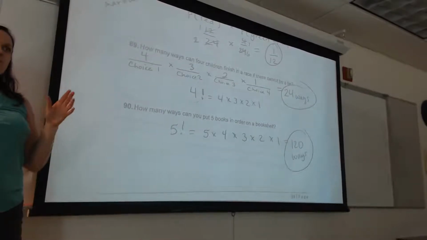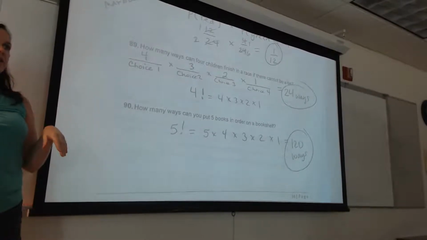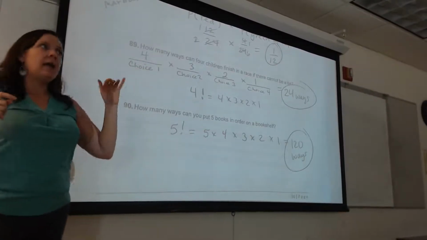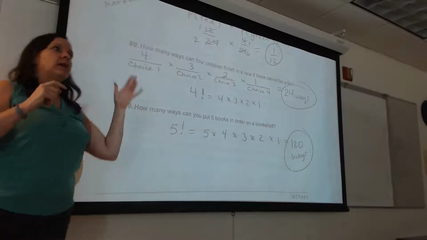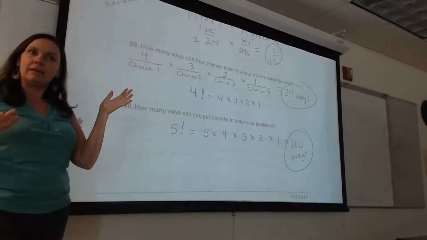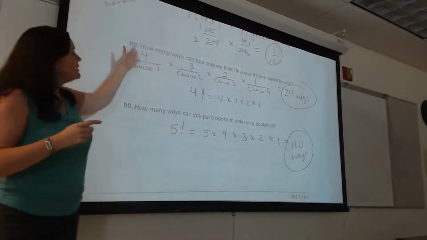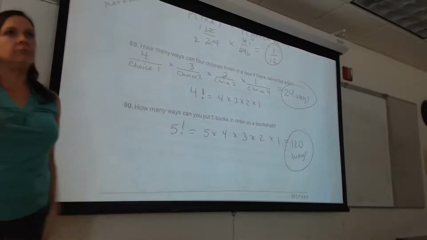Now you could sit and try them all out, but that would take you a really long time. You could write A, B, C, D, E, then A, C, B, D, E, whatever. You could write them all out, but with 120 ways, you'd probably get lost. So just remember, it's like the counting principle, but once you use something, you can't use it again.